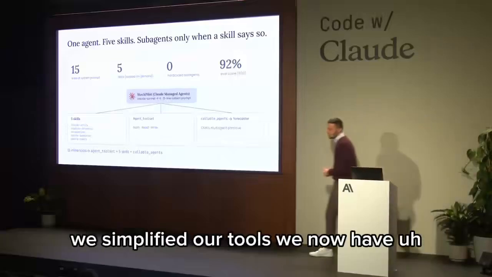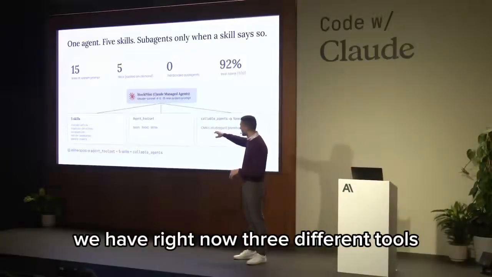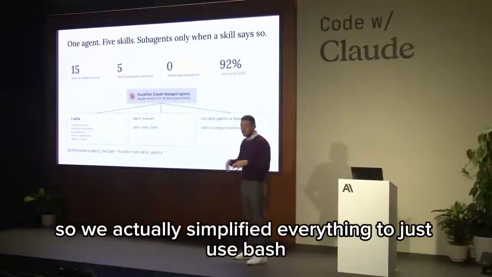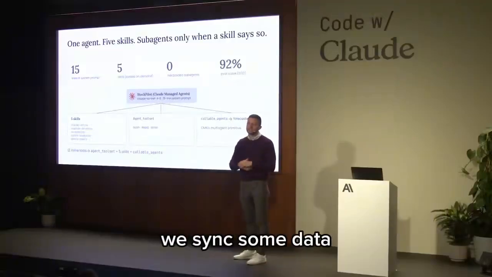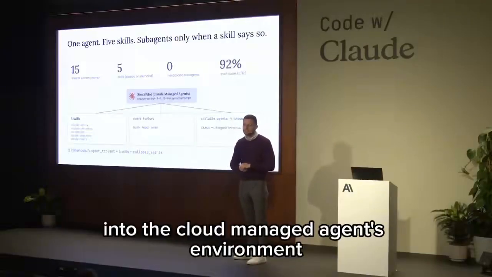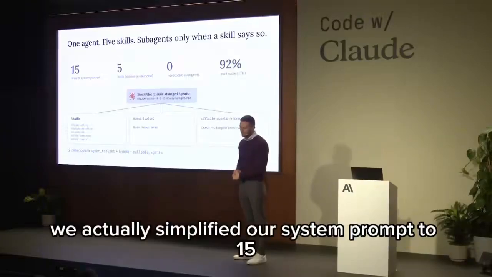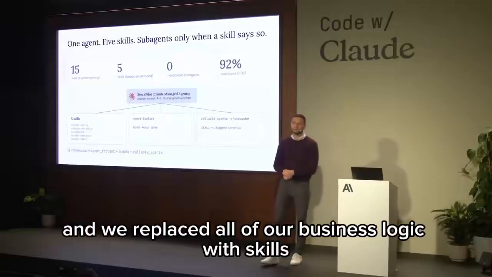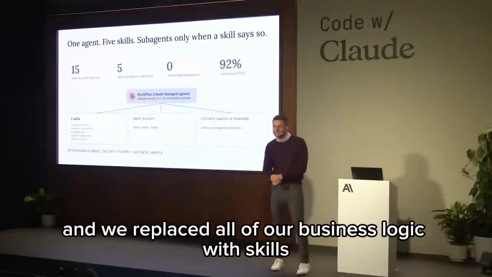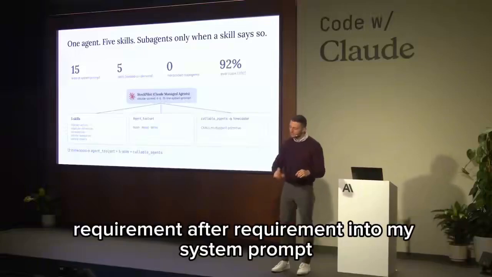We simplified our tools. We now have 3 different tools. So we actually simplified everything to just use bash, read, and write. Now, when our agent starts executing, we sync some data into the Claude managed agents environment so that it can reason across that data. We simplified our system prompt to 15 lines long, and we replaced all of our business logic with skills. So again, I was just stuffing requirement after requirement into my system prompt.